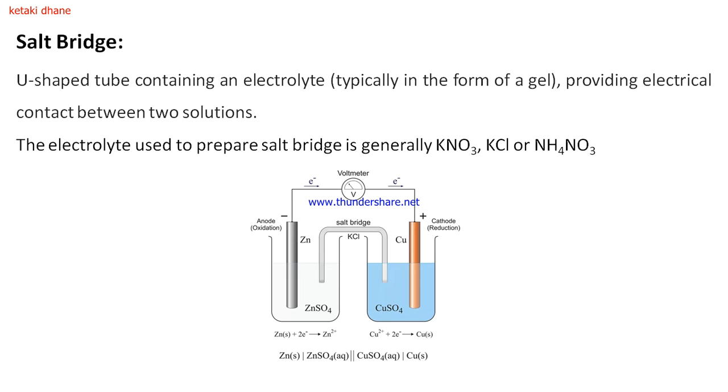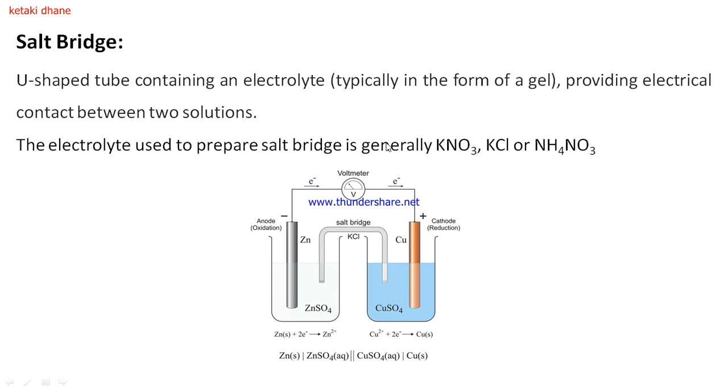Now we are going to discuss some more terminology, that is the salt bridge. It is a U-shaped tube containing an electrolytic solution, basically in the form of a gel, providing electrical contact between the two solutions: the cathodic solution, in which the cathode is dipped, and the anode solution, in which the anode is dipped in the oxidizing solution.